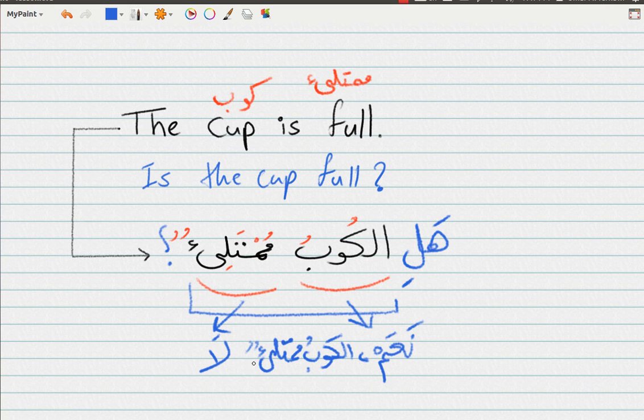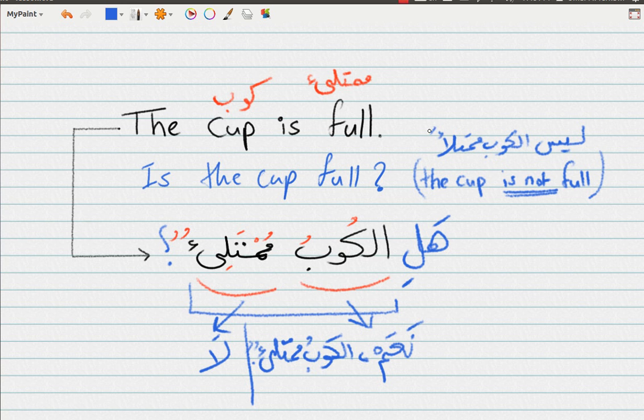And if I want to say no, I would say no, the cup is not full. If I translate that into Arabic, it would be exactly like we did in the previous lessons: ليس الكوب ممتلئا.